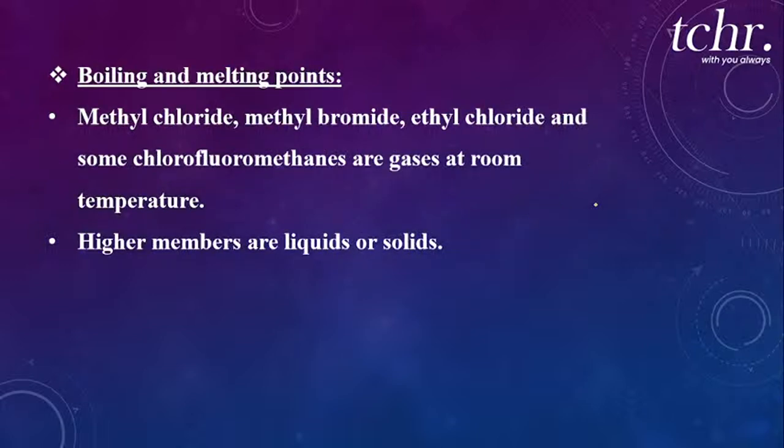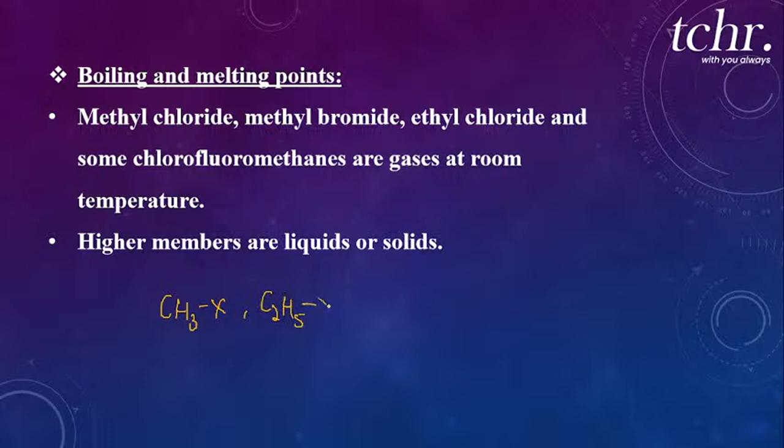Okay. And when it comes to boiling point and melting point, some of the haloalkanes, like we can call them simple haloalkanes, are gases at room temperature. That means, students, what happens? Simple haloalkane means CH3X or C2H5X.